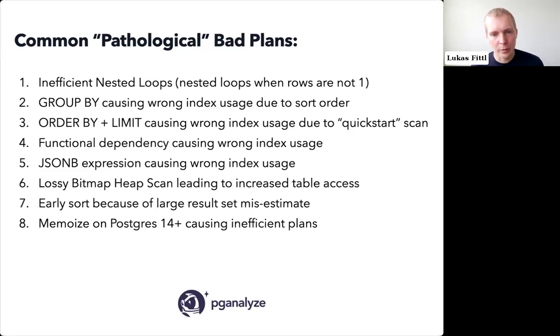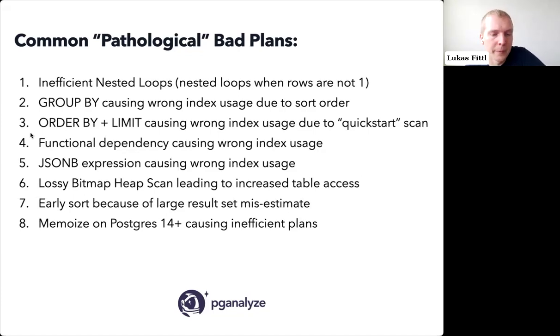And then there are a few other things we're looking at. We're not sure yet if they will be in the initial release or not. But we're looking at functional dependencies causing wrong index usage, and JSONB expressions causing wrong index usage. Sometimes you have a bitmap heap scan turn lossy, which means it does a lot more table access, and so you might want to force it to do an index scan instead.